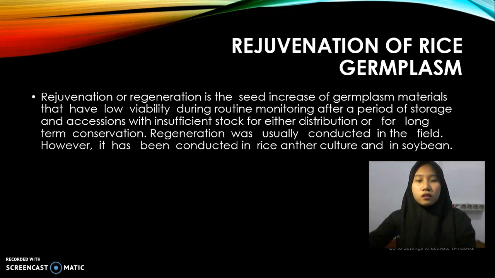Regeneration is usually conducted in the field. However, it has also been conducted in rice planter culture and in soybean. It is needed to consider the use of in vitro culture or micropropagation to regenerate rice germplasm that is difficult to germinate.